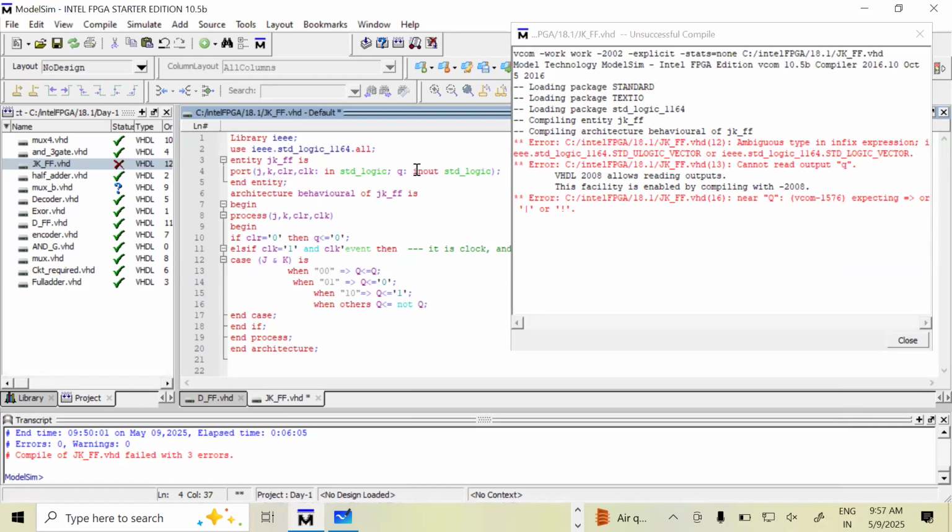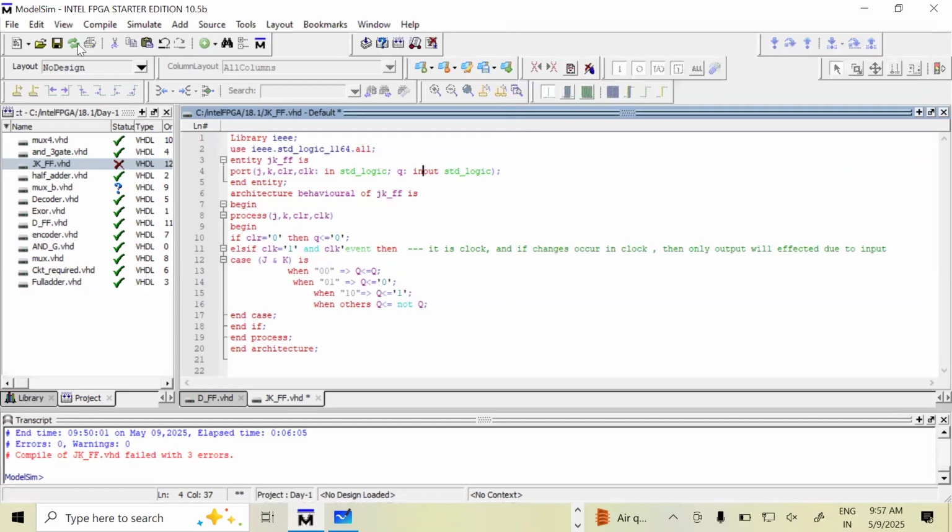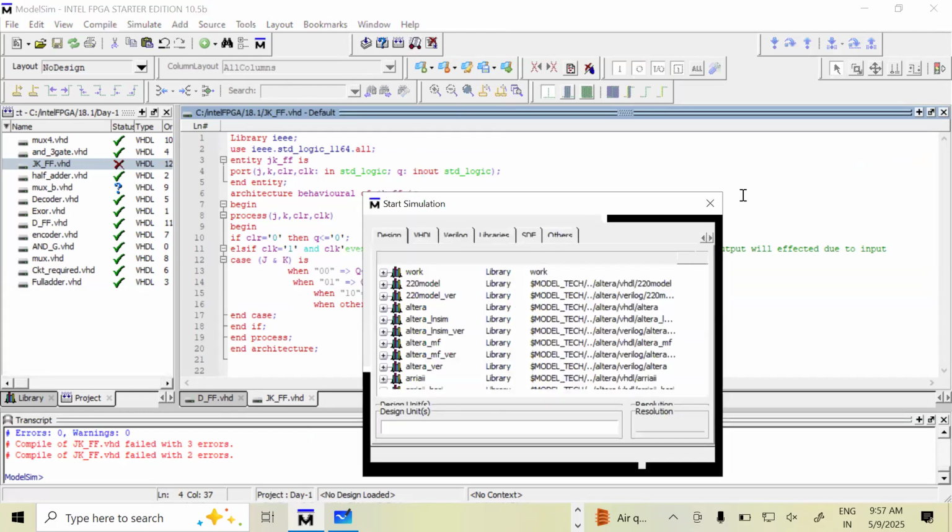So it should be inout. You have to write inout here, since Q is acting as in as well as out. You have to take care when any variable is acting as in as well as out. There is something you have to take care of while simulating.